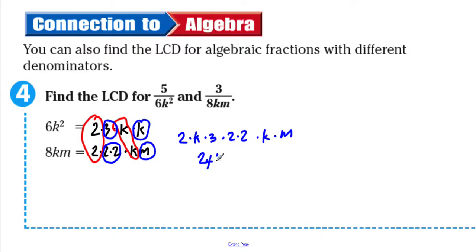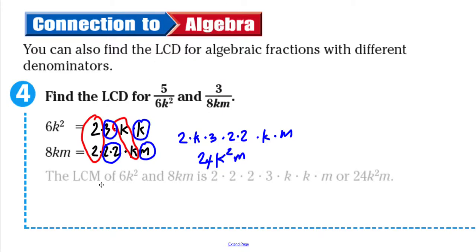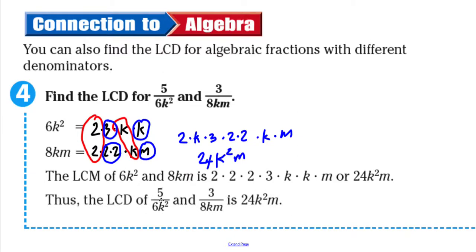So this is 24k squared m would be the LCM. Okay? So if that's the LCM, then the LCD of 5 over 6k squared and 3 over 8km is 24k squared m. And that's the end of the lesson. Thank you for watching.